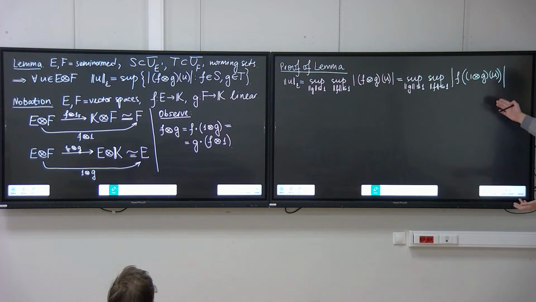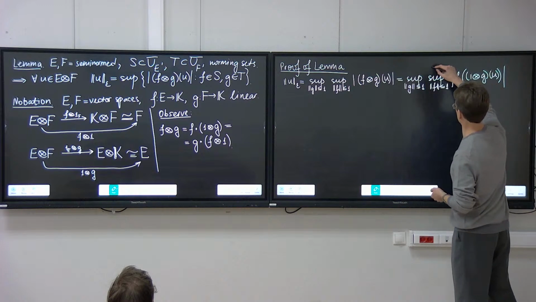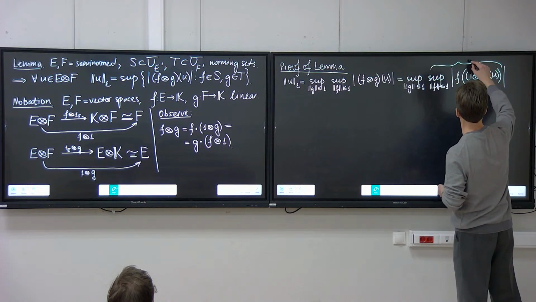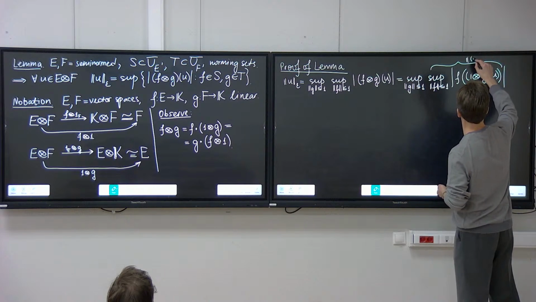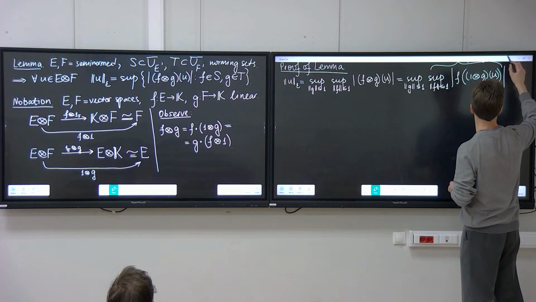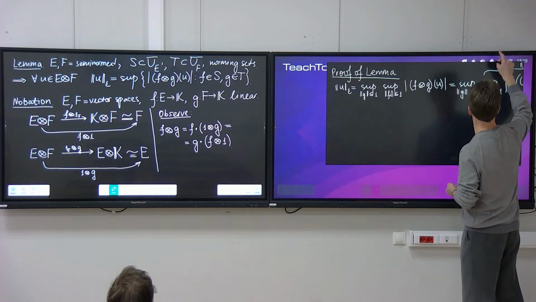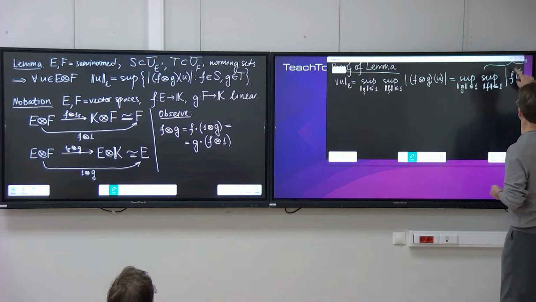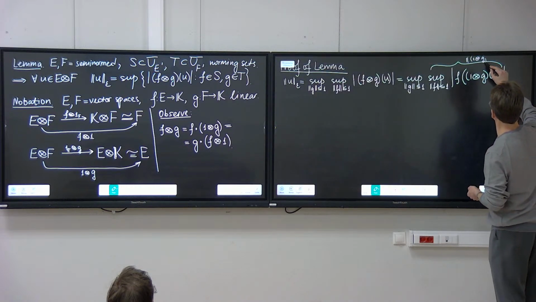Well, this is the supremum over the unit ball of a linear functional applied to a fixed element. So this is nothing but the norm of this element. This is the norm of 1 tensor G of U.